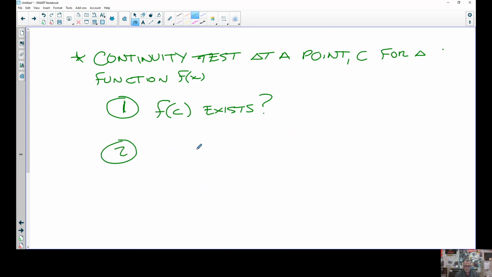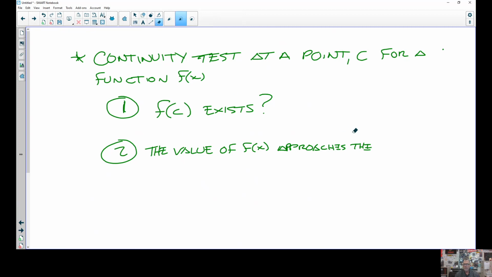The next thing we need, I'm going to write out the words, and then I'm going to show you the notation we're going to use. I want to make it as succinct as possible.